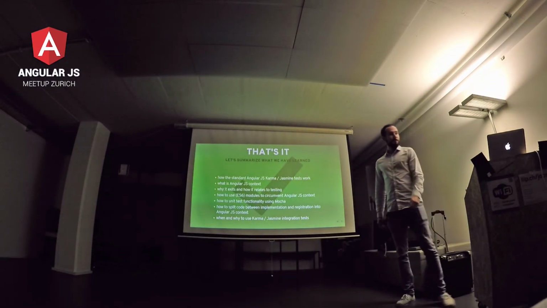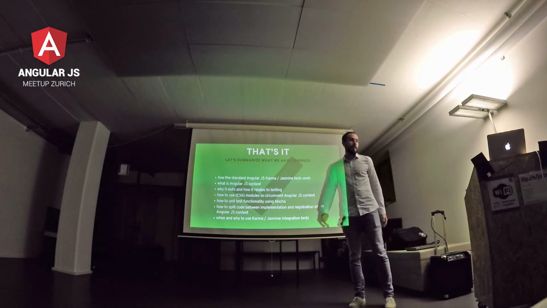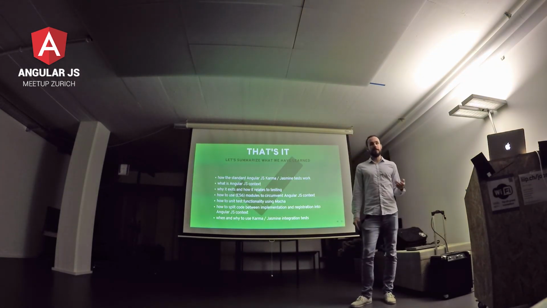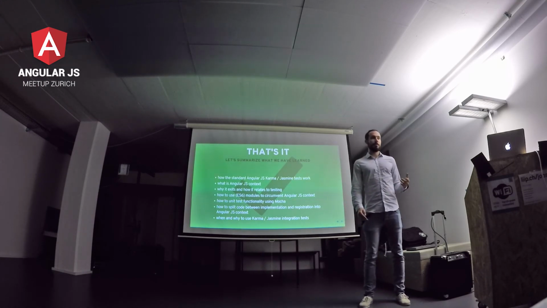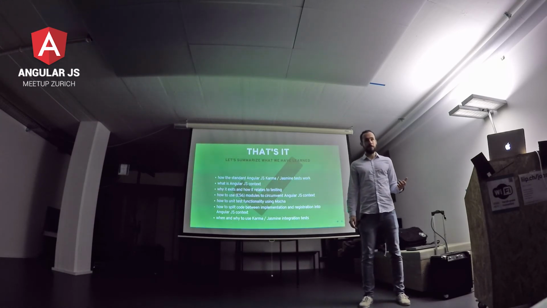So that's basically it. What we have been through is the standard way of testing AngularJS applications. What does it actually mean when you do it in a standard way? What is this AngularJS context? How do Karma and Jasmine use this context so that you can get a reference to the objects you want to test?